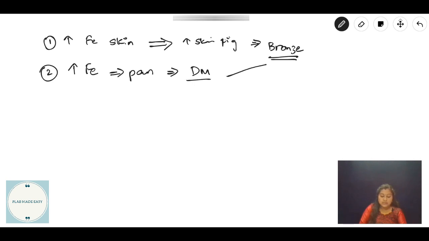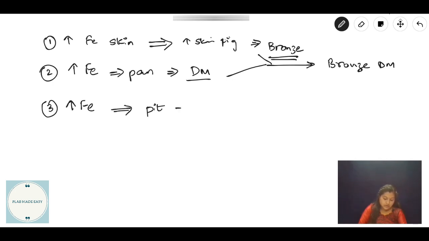This diabetes and bronze skin combination is called bronze diabetes. Again, if increased iron deposition occurs in the pituitary, it will lead to hypogonadism. In the joints, it can lead to arthralgia.